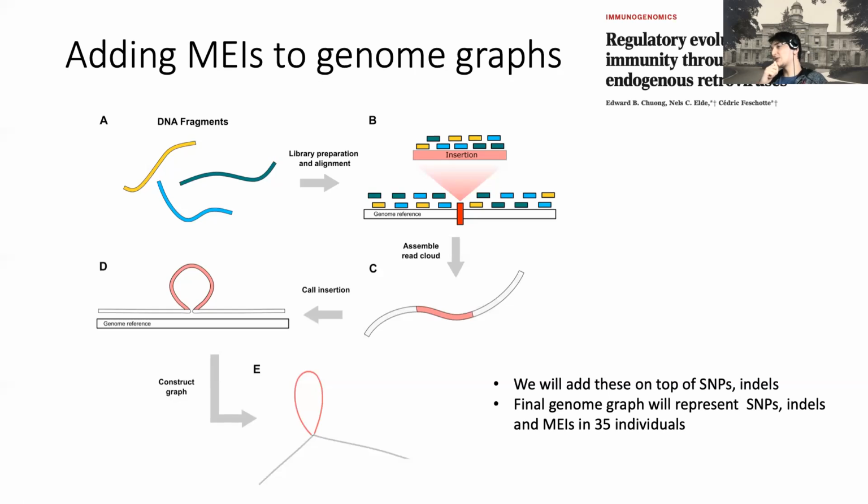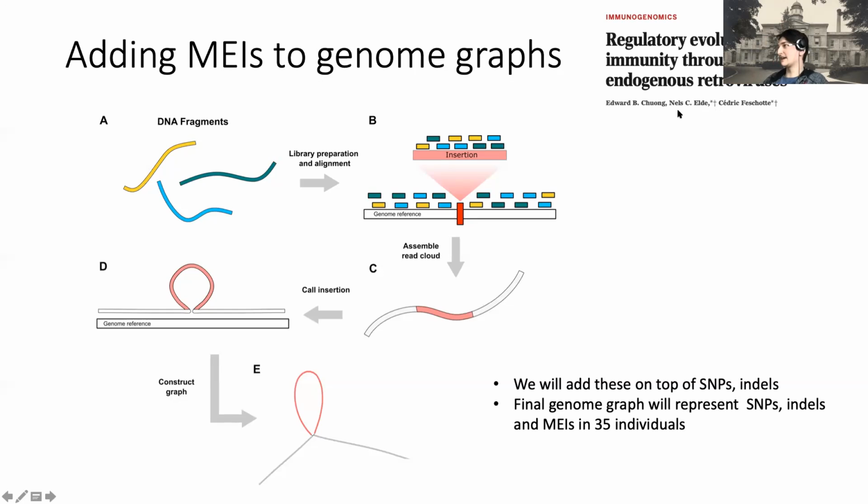And some of the inspiration we had for this is really another study that brings in transposable elements in infection, right? So Cedric Feschotte and his lab found that some transposable elements carry transcription factor binding motifs that participate in immunity.